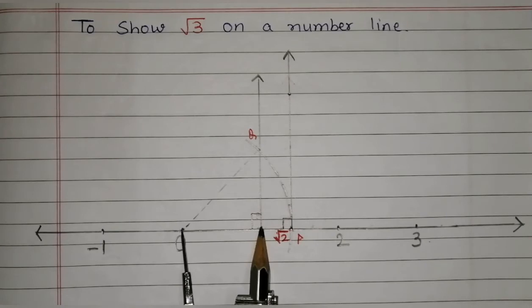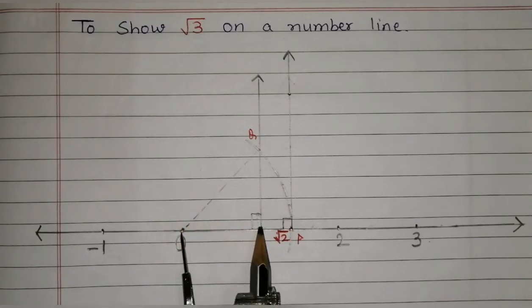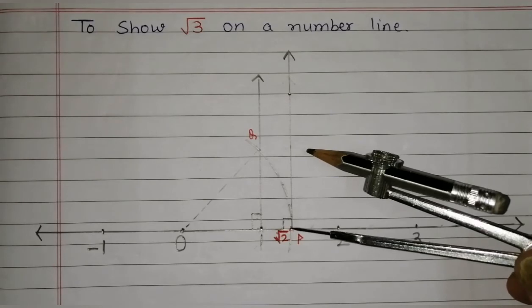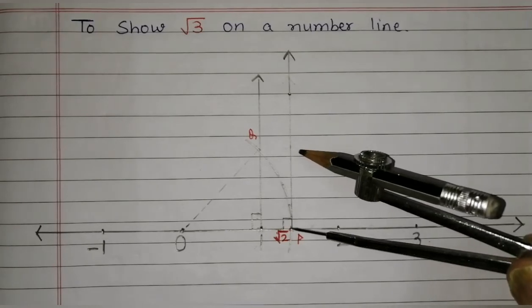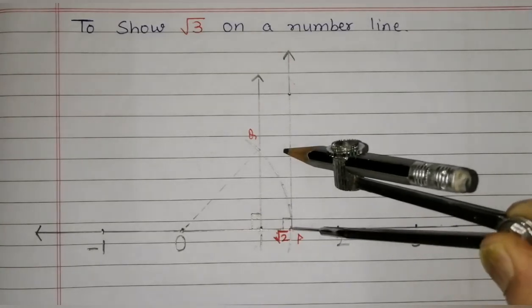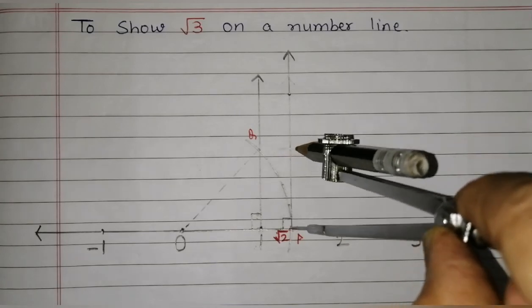Now in the compass we will take the distance equal to 1 unit, that is from 0 to 1. Then we will keep it at this point P, which denotes root 2, and by keeping it at point P we will cut an arc on this perpendicular.